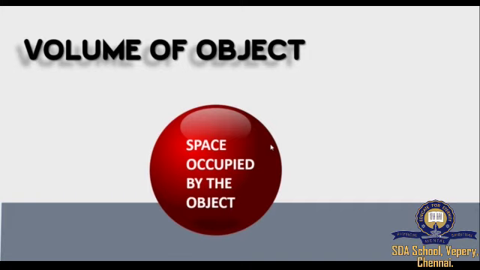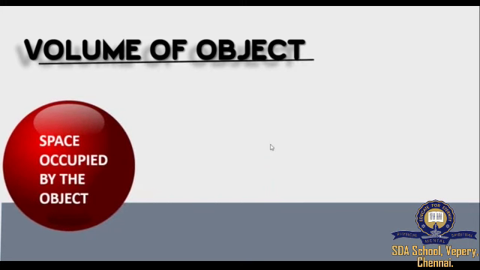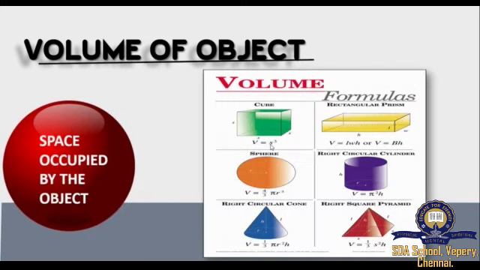It is actually the space occupied by the object. In case of this ball, the air is present inside, right? So that air space is occupied by this object. That is the volume of this object. Similarly, we have many formulas for regular objects. We have already learnt that in case of a cube, volume is equal to the cube of the side.